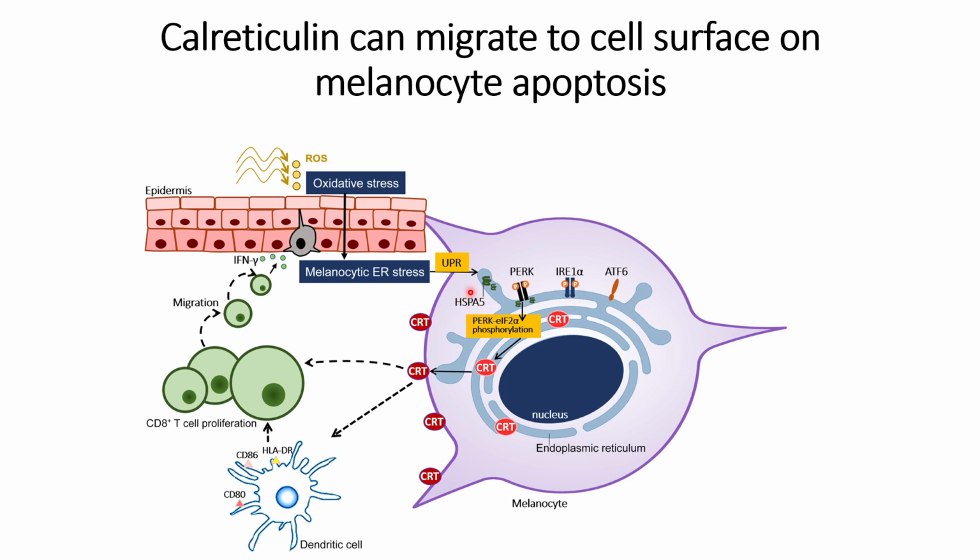This overproduction of HSPA5 will then disrupt the PERK pathway, which prevents the activation of PERK, that is PERK EIF2 alpha phosphorylation. So this PERK EIF2 alpha phosphorylation then triggers the translocation of calreticulin, which is the ER soluble protein, to migrate to the cell surface, and the immune response that I have just discussed in brief will occur.